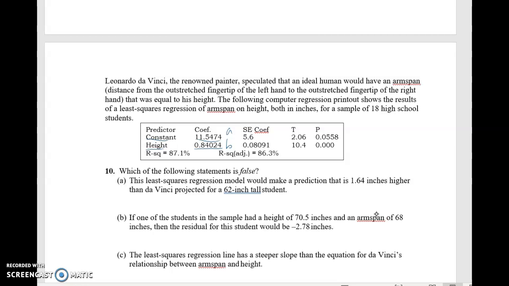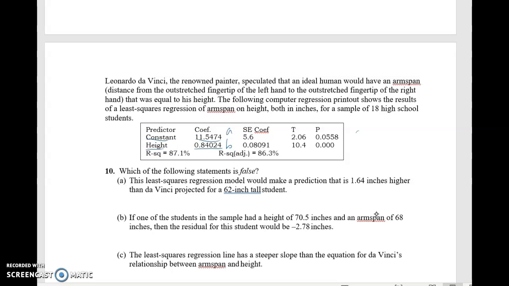Now, when you see regression like this, you also have regression in multiple variables that you can do through computer processing, Minitab, JMP, any of those things have multiple regression, not just linear. So that's why they don't call it slope. They call it a coefficient. And if you look at this, you see A is the constant, B is the height. So height in this case is our x, and the arm span is the response.